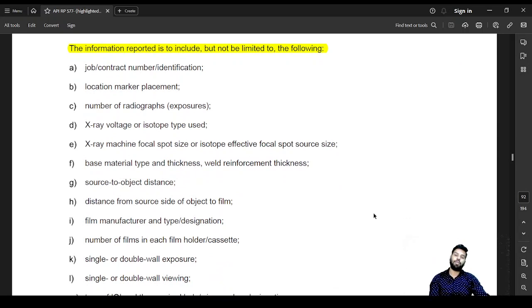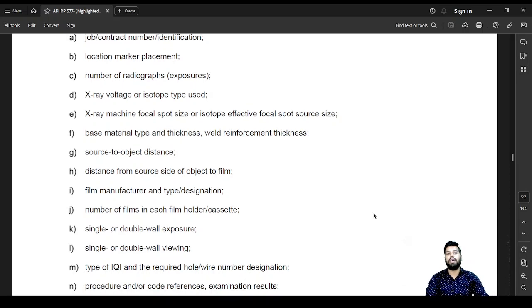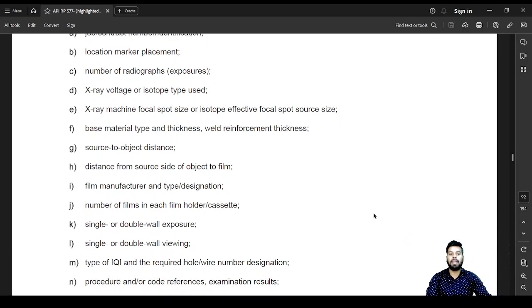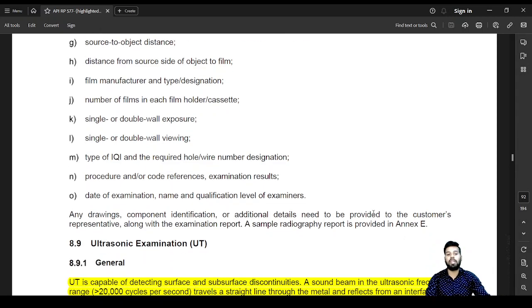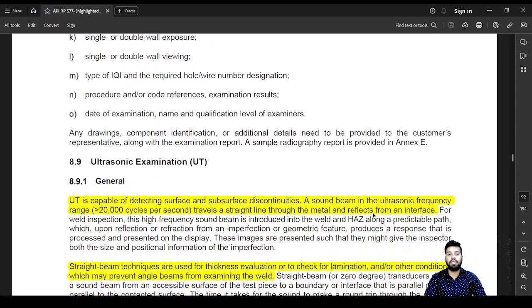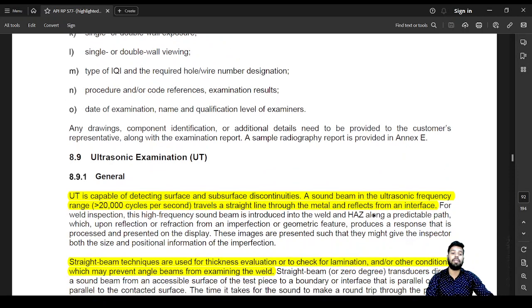There are some additional details that might need to be recorded, but these are the things that are at least required: job or contract number identification, location marker placement, number of radiographs, X-ray voltage, isotope used, X-ray machine focal spot size, base metal type and thickness, source to object distance, object to film distance, film manufacturer, type and designation, number of films in each holder or cassette, single wall exposure, double wall exposure, single wall viewing, double wall viewing, type of IQI and required hole and wire number designation, procedure or code referencing, the date of examination, and the name and qualification levels of the examiners.